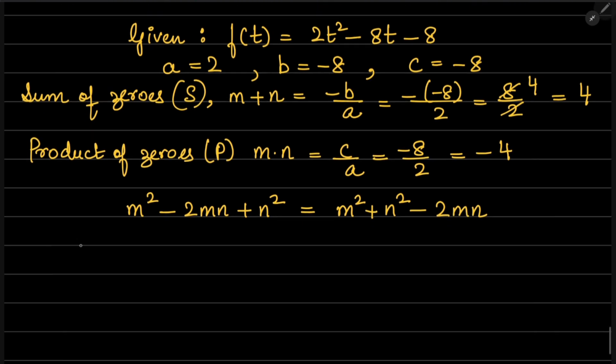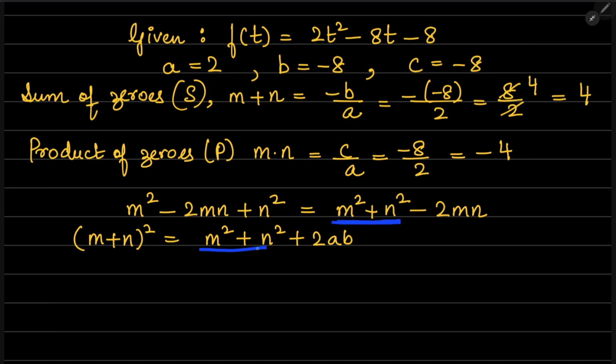We also know a formula, m plus n the whole square, which is similar to a plus b the whole square, that is a square plus b square plus 2ab. But I need to find m square plus n square, so 2ab will go to the other end.